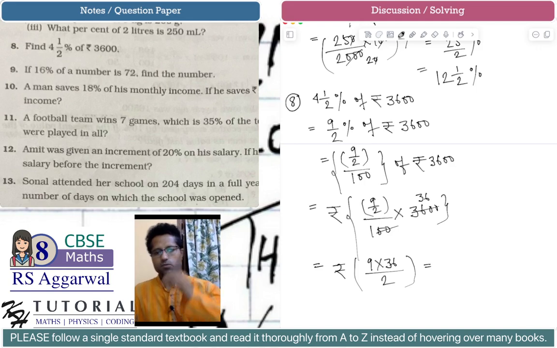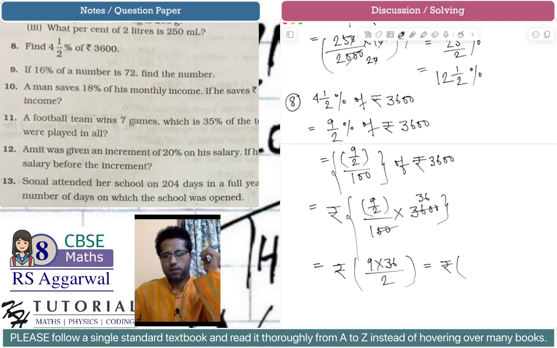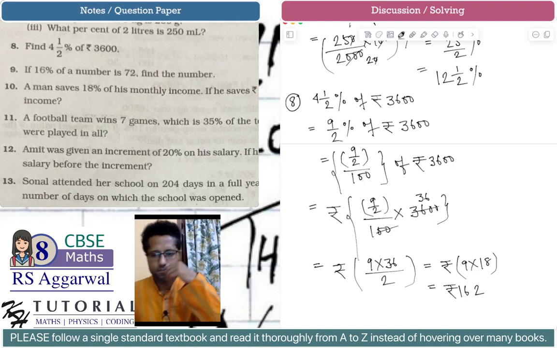So this is equal to rupees 9 multiplied by 18. So this is equal to rupees 162.